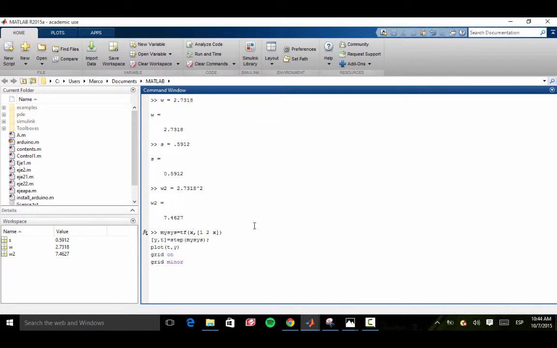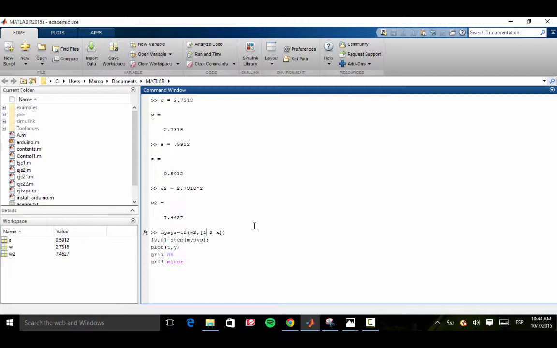So at the top of the transfer function we have k equals 1, so we can just put omega n squared.